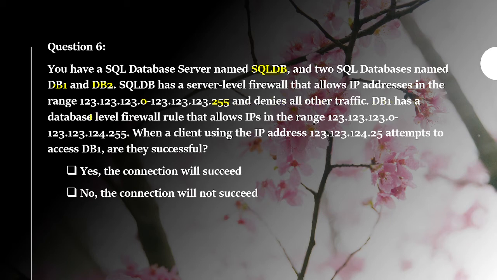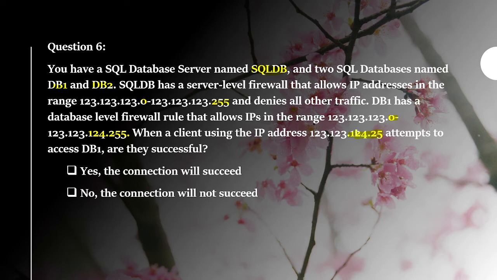DB1 has a database level firewall rule that allows IP addresses in the range of 123.123.123.0 to 123.123.124.255. When a client using the IP address 123.123.125.255, just check this one.